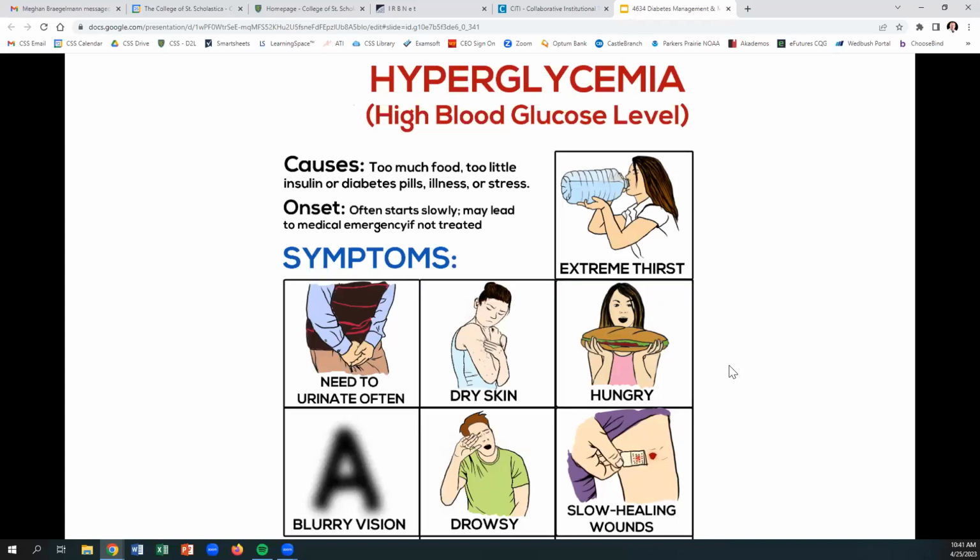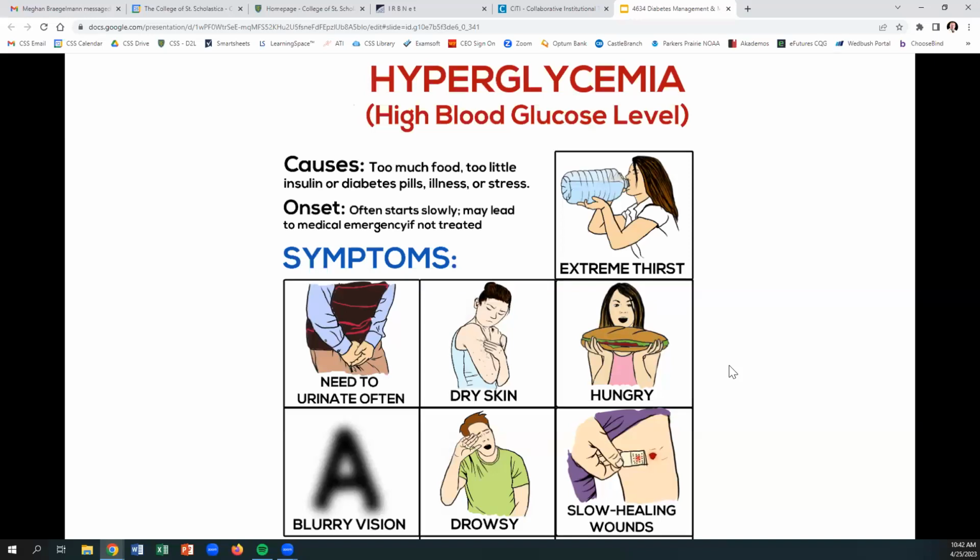It's a stress reaction to being in the hospital, and that causes blood sugar to go up. Infection is a big one. Steroid use, prednisone, and the like, causes blood sugar to increase. Okay. It often starts slowly, but if it's not treated right away, can lead to medical emergencies. And we'll talk about one of those here in a second.